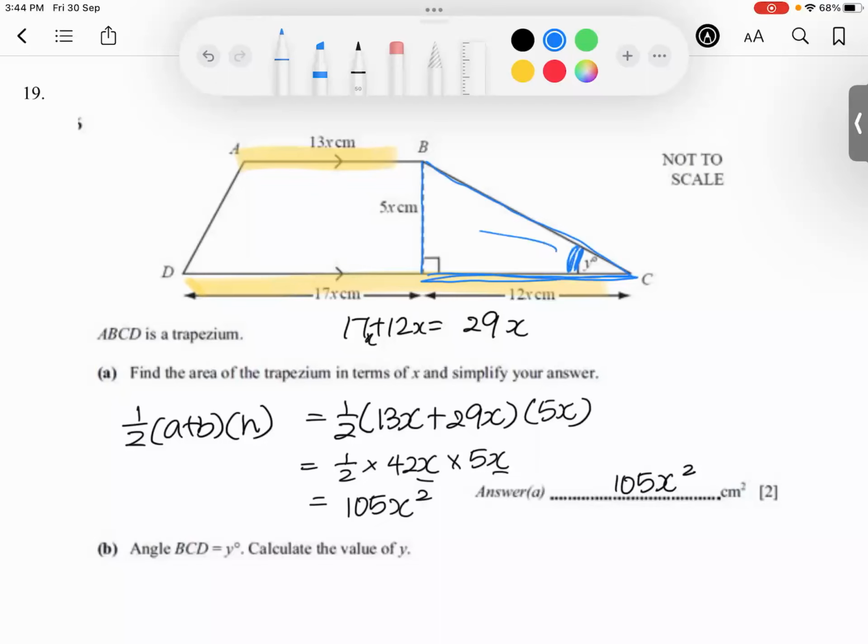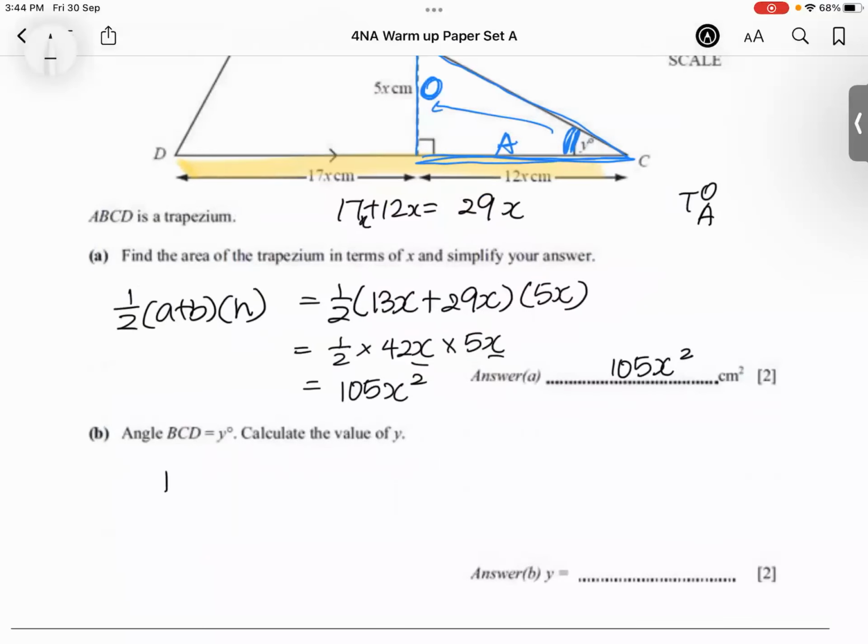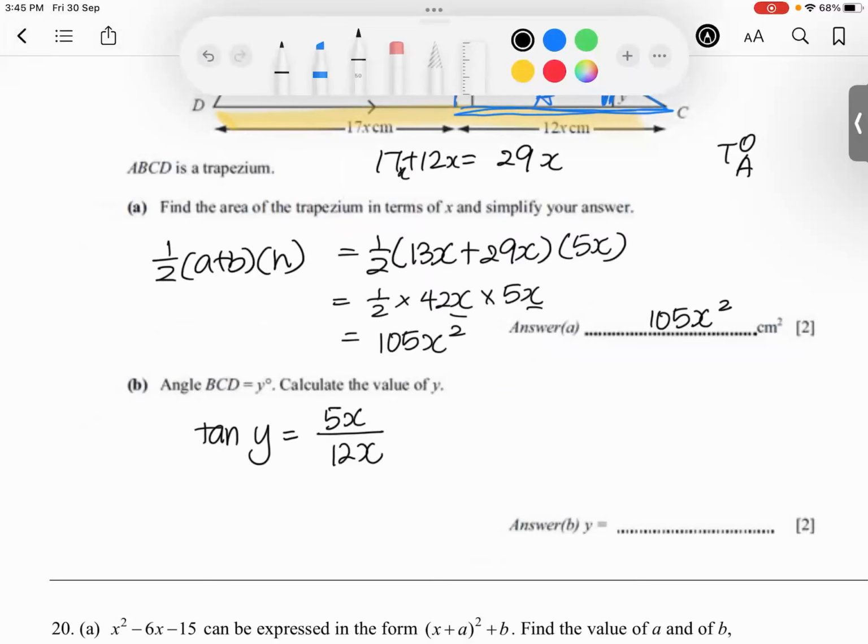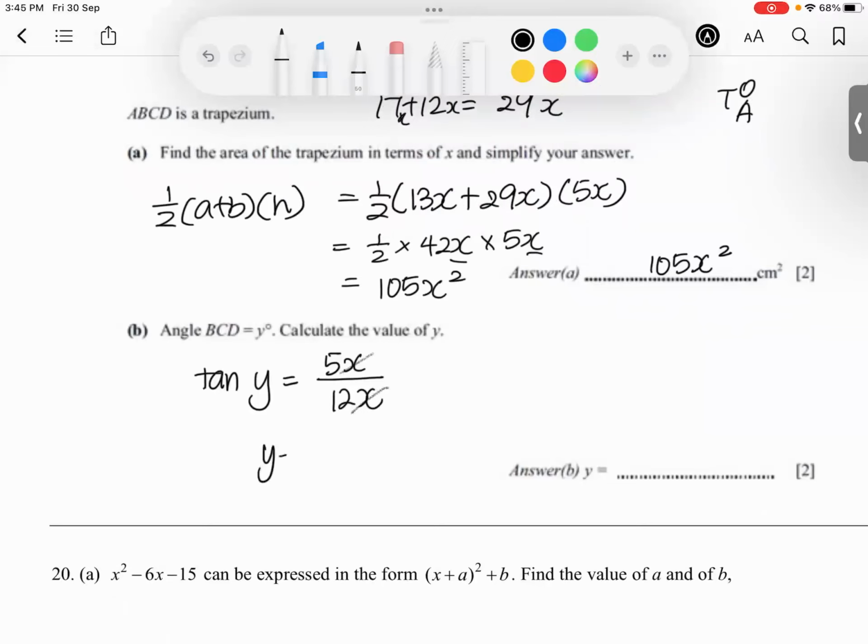This one is the opposite, this one will be the adjacent, O and A. TOA. That means tangent. Tangent of the angle y. Opposite is 5x over adjacent is 12x. Is it still okay to do so? What do you notice about the x and the x? They cancel away. All right, so y is just tangent inverse 5 over 12. Answer.